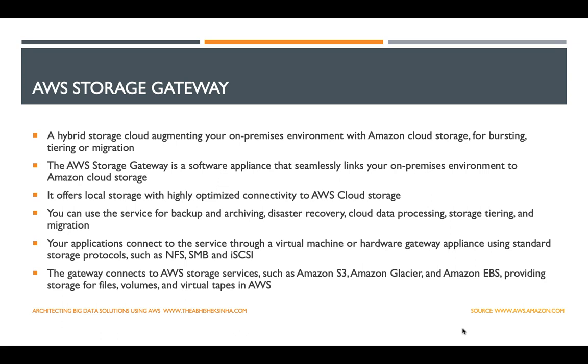It is very durable and secure, and since it is cloud storage, it is highly scalable. Overall, it is a way to connect your cloud storage with your on-premise data center and applications, and in a way you can utilize the best of both worlds.